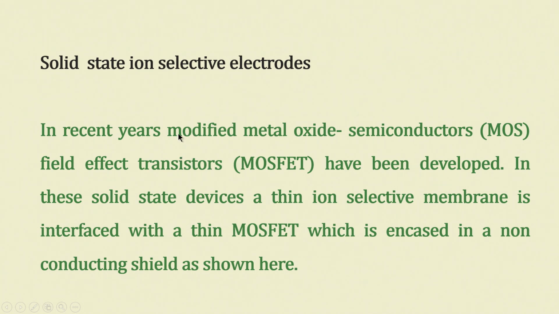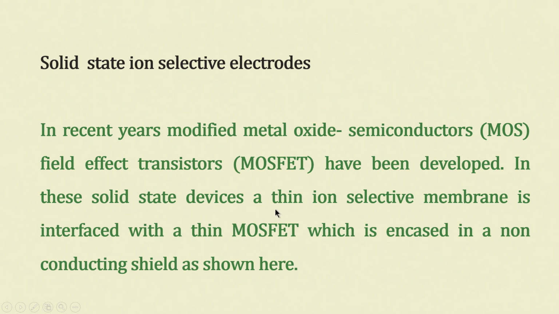They have specific properties for conduction of electrons and ions, and they are popularly known as MOSFET, metal oxide semiconductor field effect transistors. These are solid state devices for carrying out chemical analysis, and they have been used quite a lot.